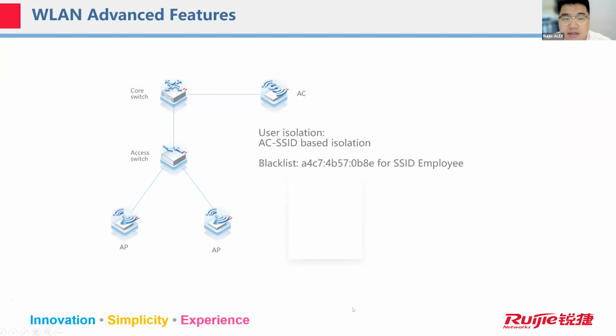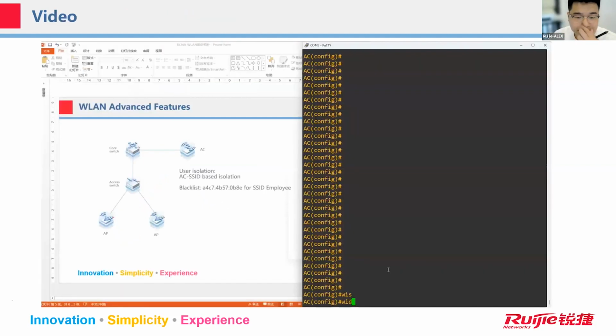For the blacklist, we should add a MAC address, and we just use this blacklist for SSID employee. Actually, this MAC address is the MAC address of my own mobile, and later we're going to verify it by using my mobile. So let's see it.